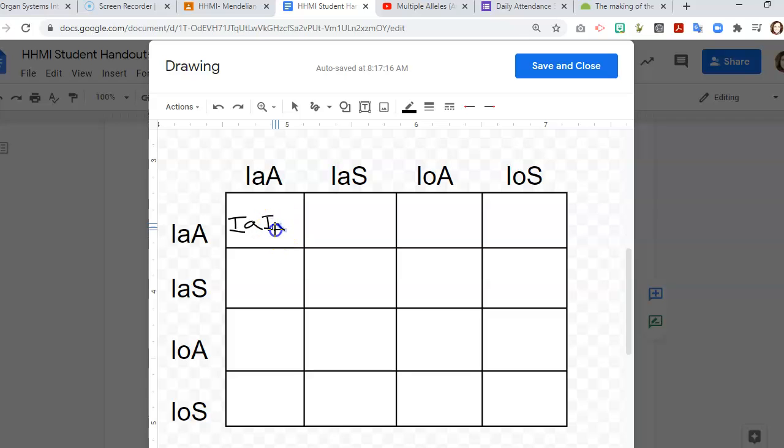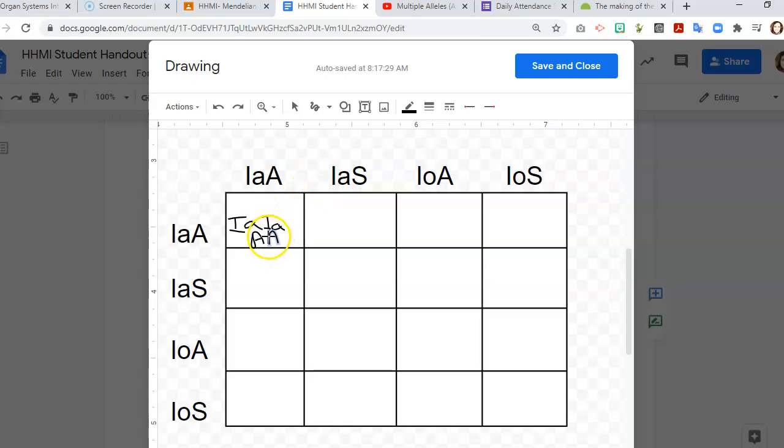Man, this is not letting me write. So there's the blood type, and then since I kind of ran out of room, I'm just going to attach this A and A down at the bottom. So I kind of ran out of room.